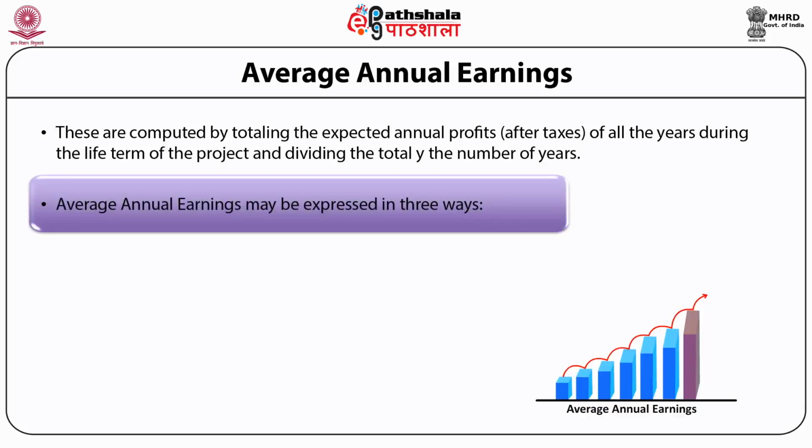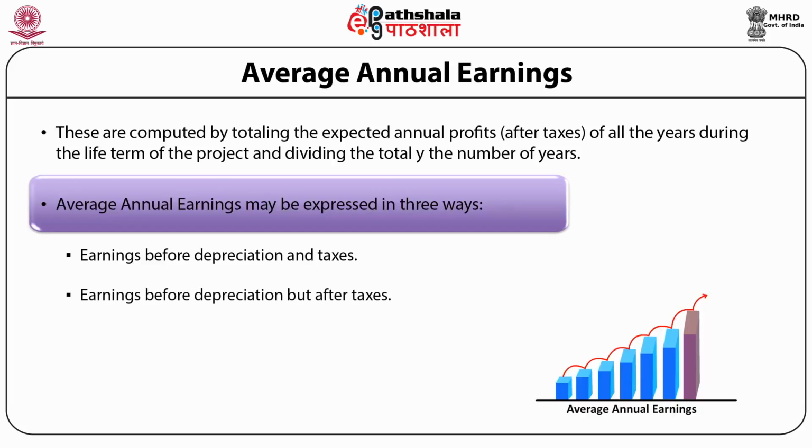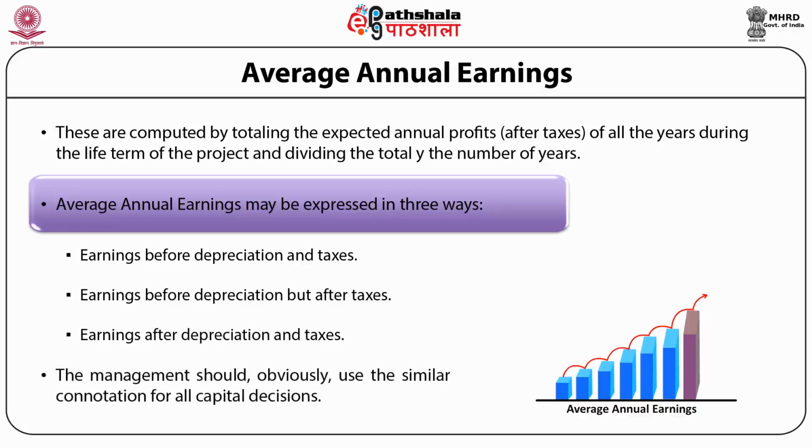Average annual earnings may be expressed in three ways. Number 1, earnings before depreciation and taxes. Number 2, earnings before depreciation but after taxes. And number 3, earnings after depreciation and taxes. The management should obviously use the similar notation for all capital decisions.